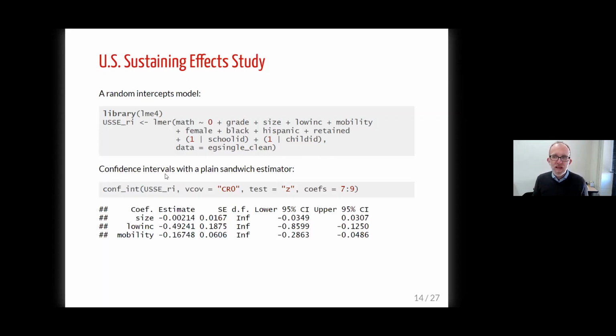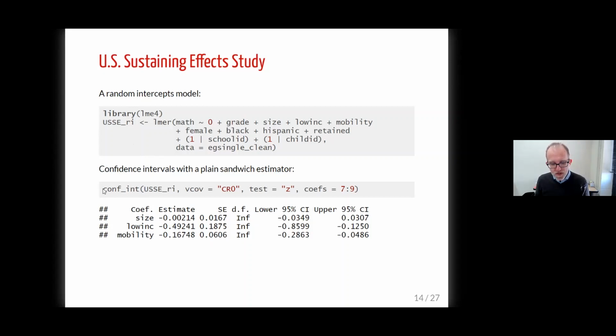And particularly because I've been sloppy about specifying my random effects, we should not trust that I've got a correctly specified model here. But we can use cluster robust methods and get a sandwich estimator for the coefficients from this model that doesn't require having a properly specified model.